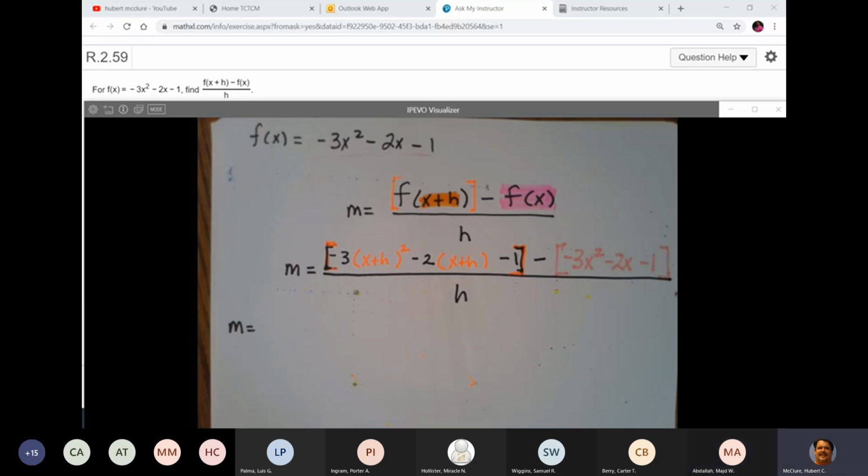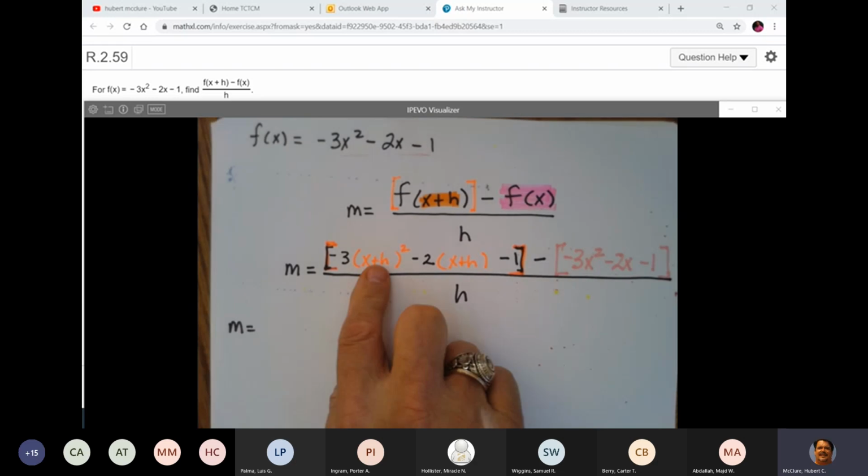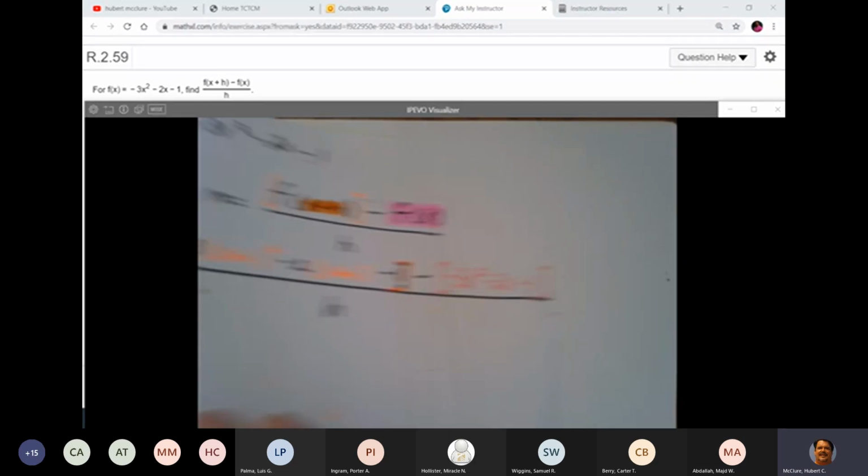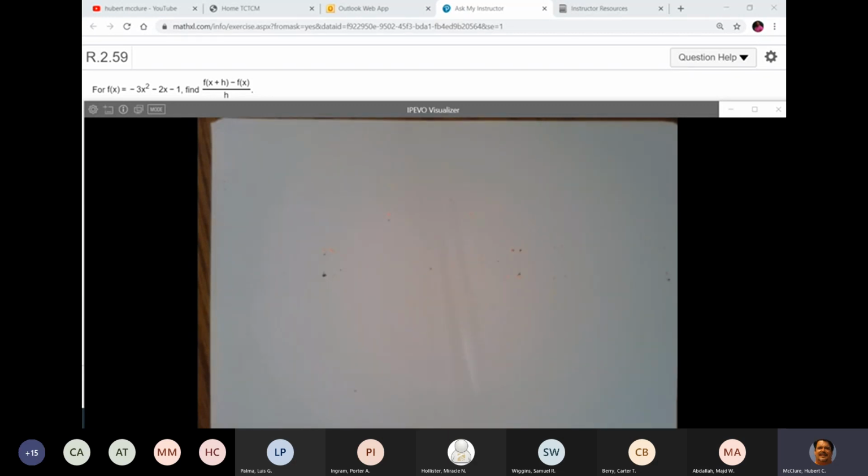All right, first thing I'm going to do is address this quadratic right here. And that is shortcut number 1. Let's jump over here and redo our shortcuts.